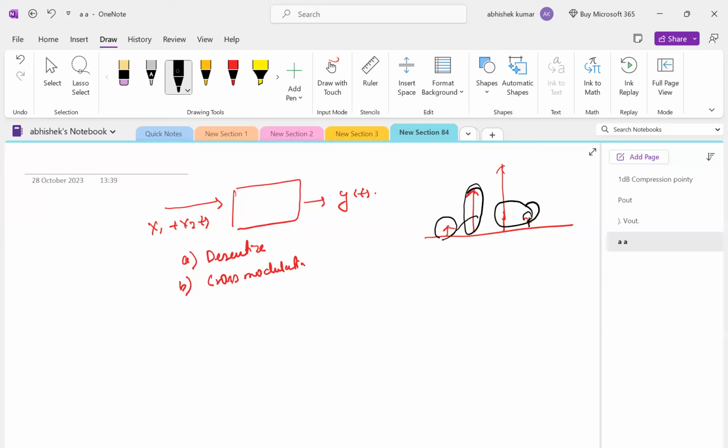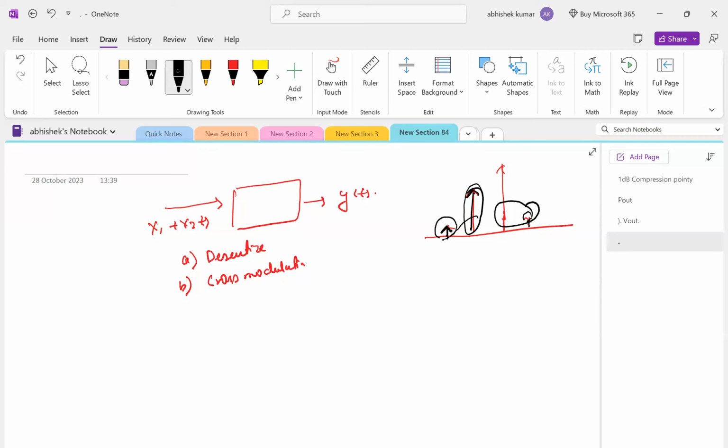If you have any doubt, then ask me. What does desensitization mean? Suppose this is your original signal and this is your interferer signal. Sometimes your interferer signal comes in such a fashion that your original signal gets cancelled, and your system gets desensitized.